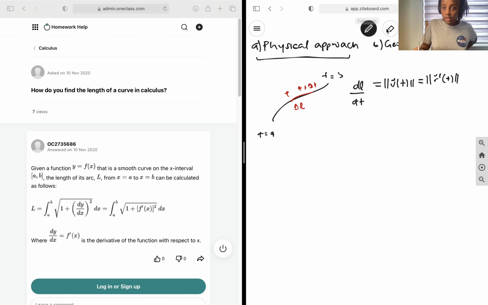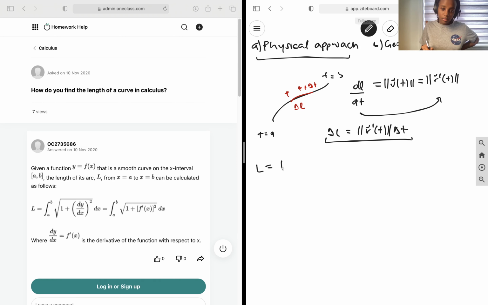Hence, it follows that, just by bringing this delta t over here, delta L is equal to the speed times delta t. And so, since we're going to be adding up these many small segments in order to get the entire thing, the entire length would be equal to the limit as delta t approaches 0, because we want to add infinitesimal segments together, because they're not straight as this tiny path is.